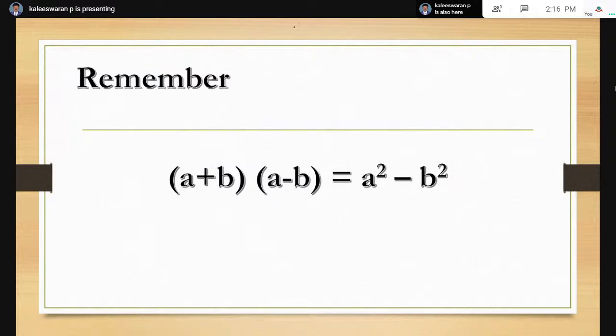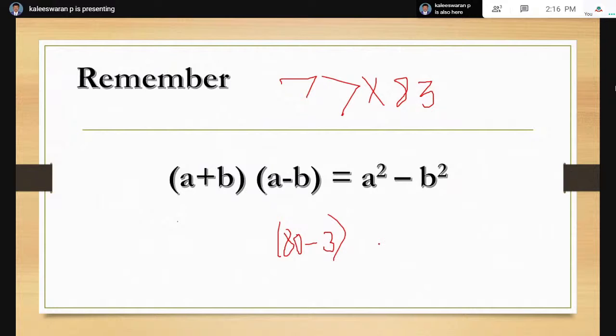What is the problem? The problem is 77 into 83. 77 we can write as 80 minus 3. Is it correct?